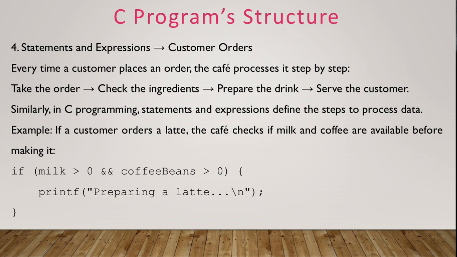I have written ampersand twice. If you write ampersand twice in C, it means and. So I have given milk is available and coffee beans greater than 0, that is, coffee beans are also available. If both things are available, there's a condition, and only then can I prepare a latte.